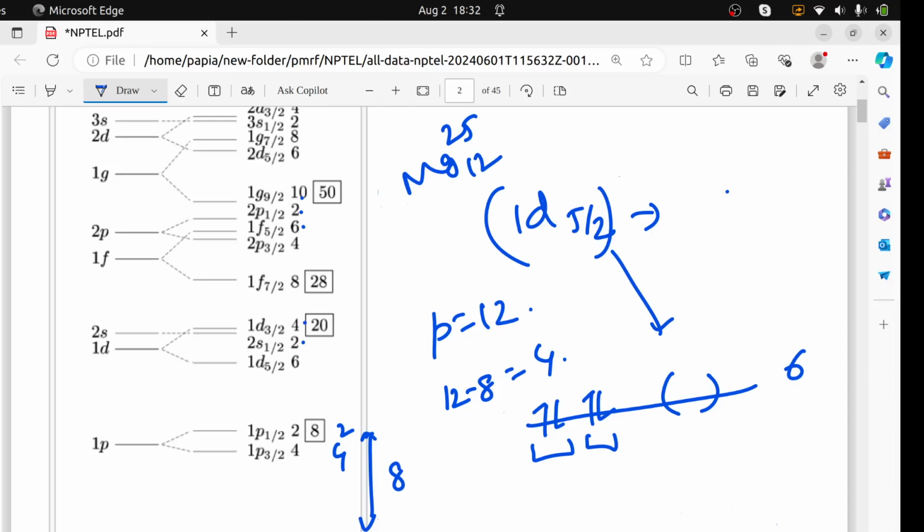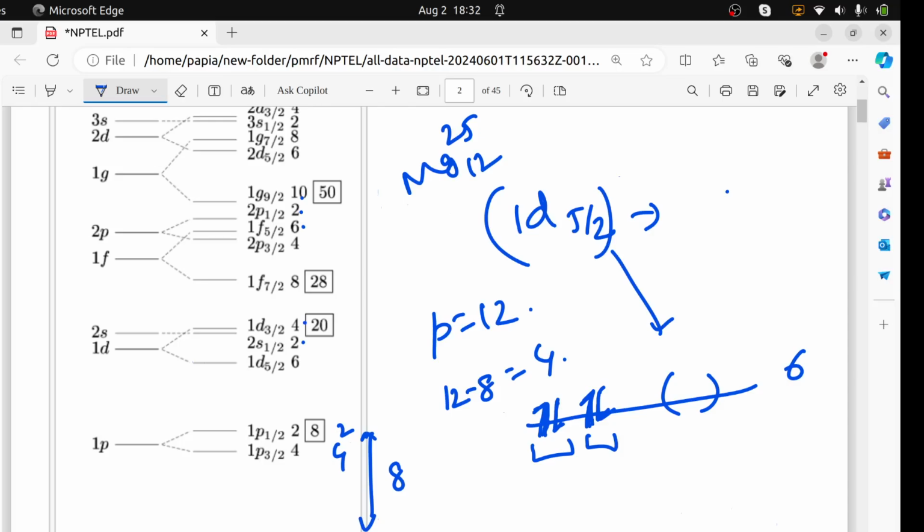But the vacancy is in which sense? Whatever the L and parity will be there for this, that is totally cancelled out by this. Similarly for this one also, whatever the parity and spin will be there for this nucleon, that will be exactly cancelled by this one.